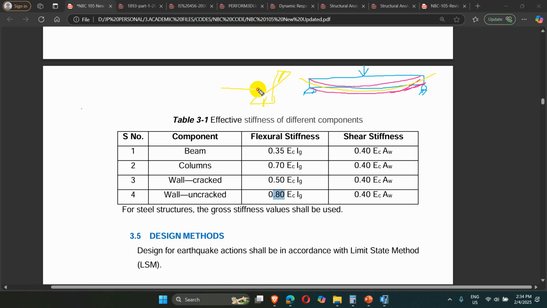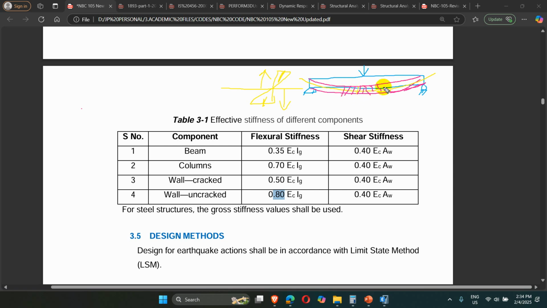The concrete fibers above the neutral axis tend to compress and the compressive load can be taken by the concrete. But below the neutral axis, the concrete fibers are in tension and begin to crack because concrete cannot take the tensile force.